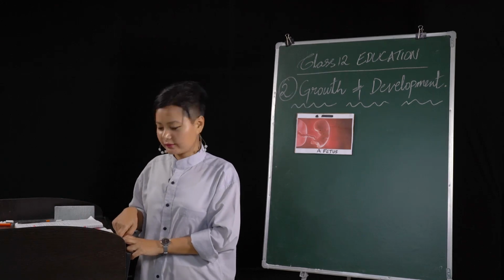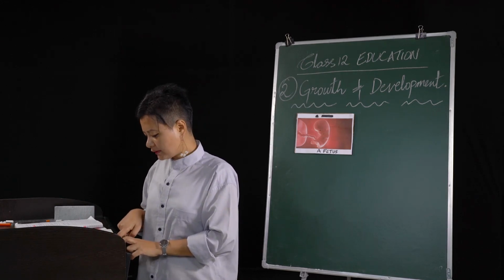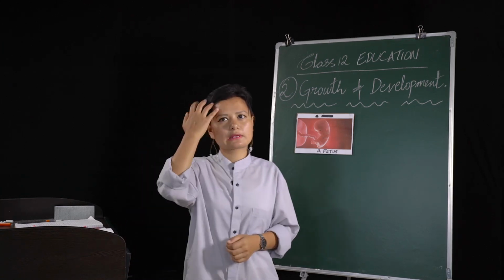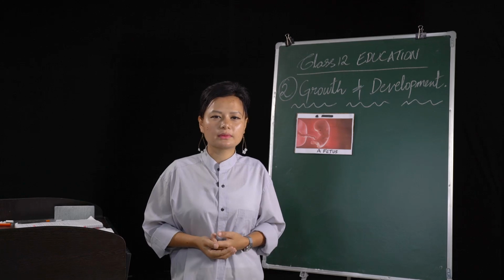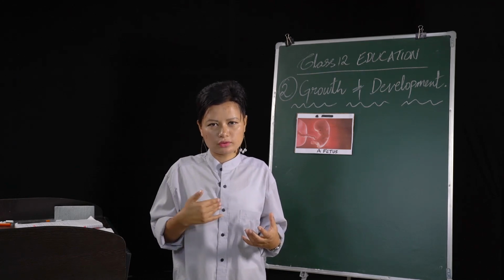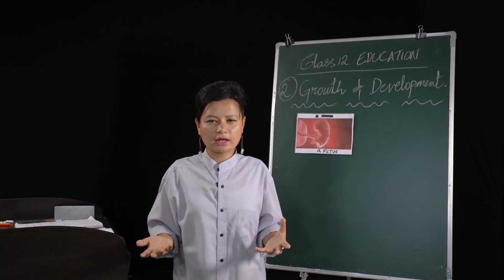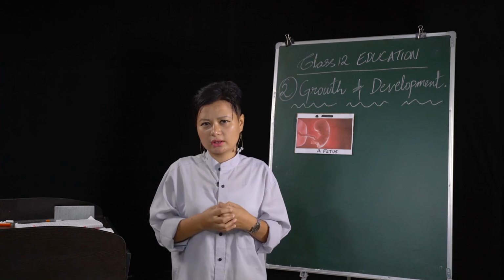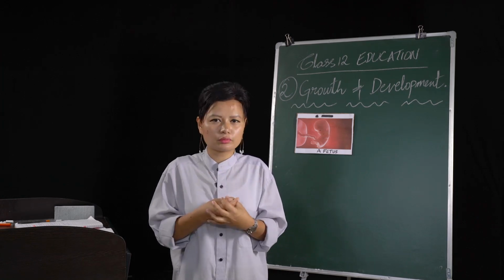Now, if you look at the fifth principle of integrating. Here, we understood from the previous classes also that growth and development is to do with so many things: your mental and cognitive, your emotional, your social, and then your physical also, right? So all these are integrating with one another. That means they're mixing up with one another.